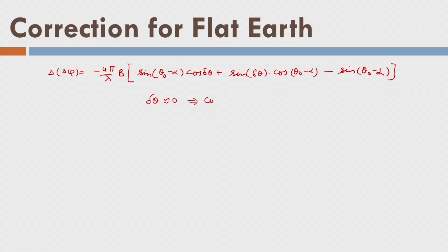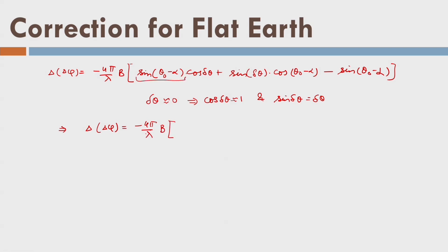As a result, I have cos delta theta is equal to 1 and sin delta theta is equal to delta theta. We can write that this term, which is the differential interferogram, is b will become sin theta and this will cancel with this term, and now I will have only this term where this becomes delta theta. So, I can write here cos of theta 0 minus alpha into delta theta.